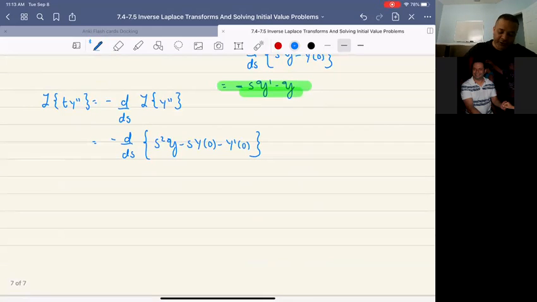Okay, so now we're going to take the derivative of this with respect to s. That's going to be negative 2sY plus s squared Y prime minus y of 0.